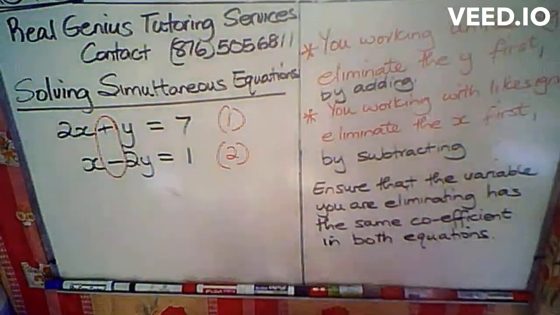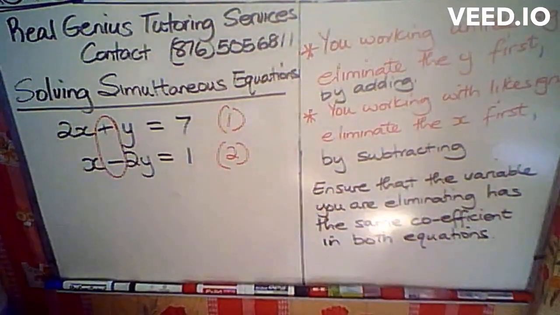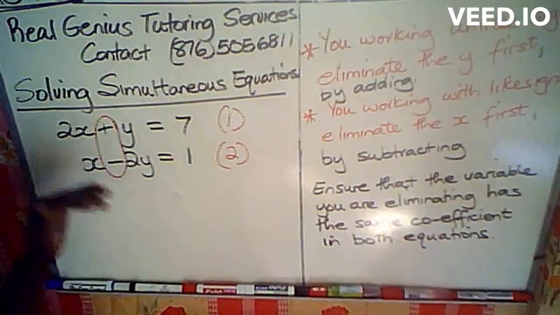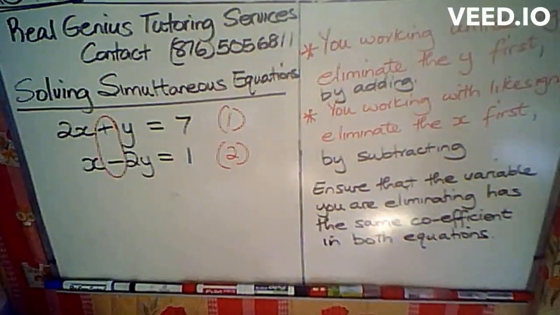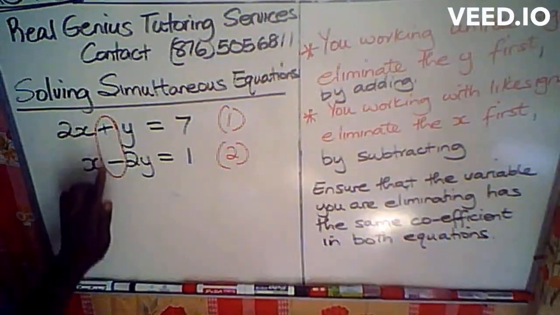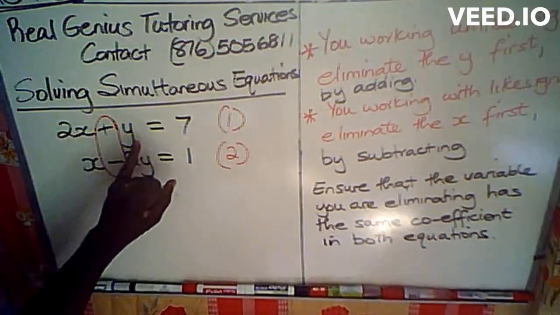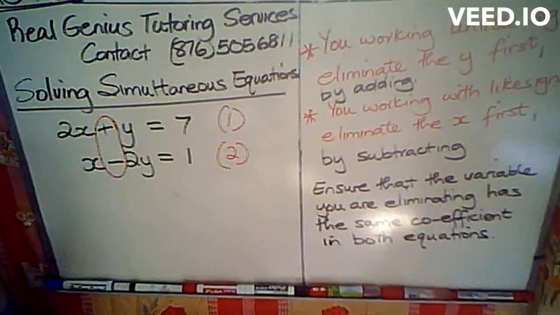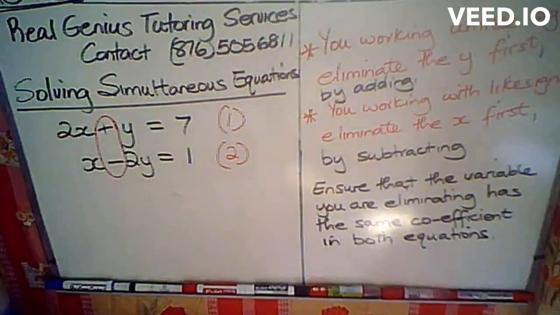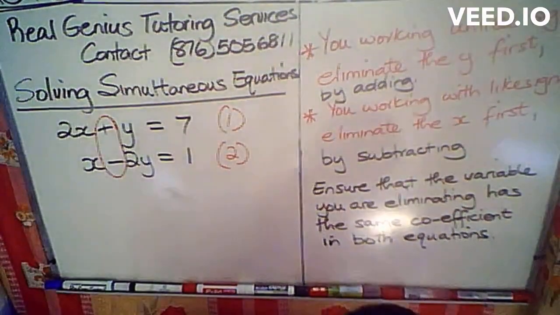Okay, so here we have two equations. Because the signs are not the same, we need to get rid of the y. And so to get rid of the y, we need to equalize the coefficient in both equations.